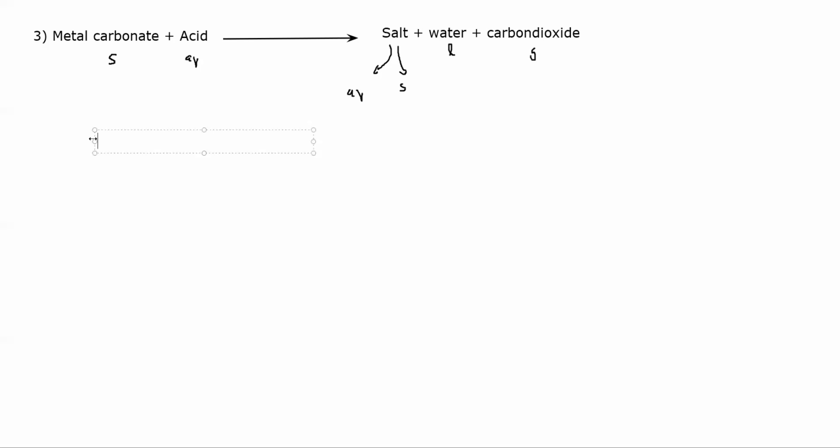What will be the observation when this reaction occurs? What will you see? What are the observations when you are adding a metal carbonate to acid? Yeah, bubbles, fizz, effervescence, and what else? The solid dissolves. So the metal carbonate size will decrease as it is reacting, or you can mention dissolve.